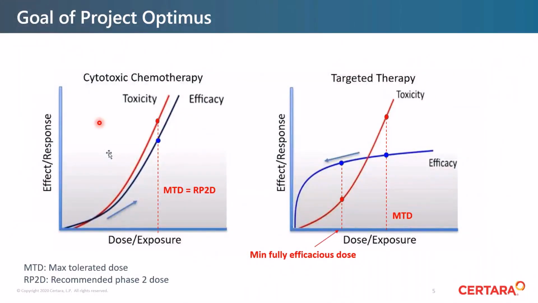The rationale behind Project Optimus comes from the difference between typical dose-response curves for traditional oncology chemotherapeutic agents and targeted therapies, which are shown on this slide. Traditional oncology chemo drugs had dose-response curves for efficacy and safety that essentially mimicked each other and in some cases overlapped, such that it made sense to use the highest dose that a patient could tolerate, in other words, the MTD, into further development as a recommended dose.